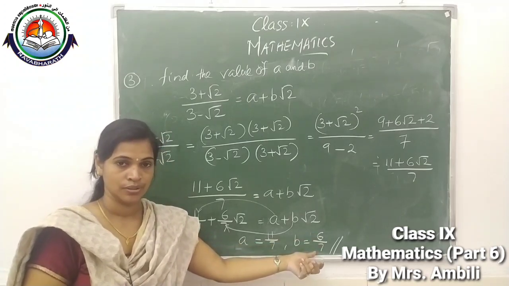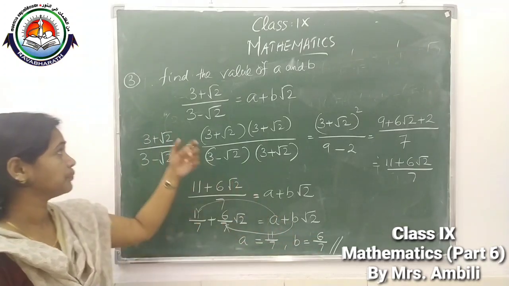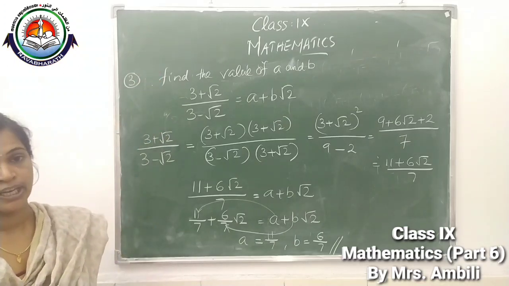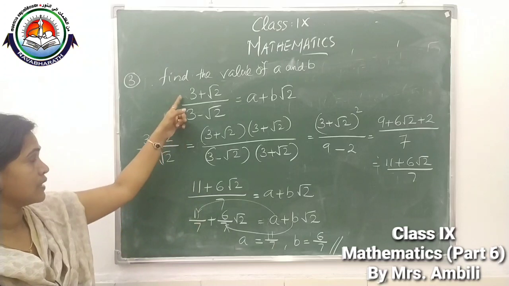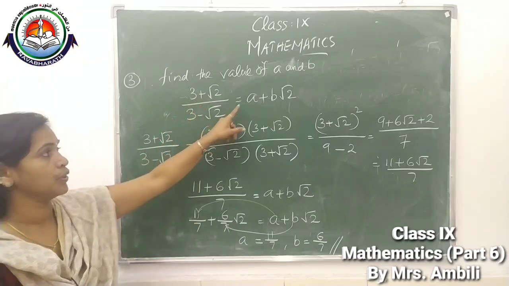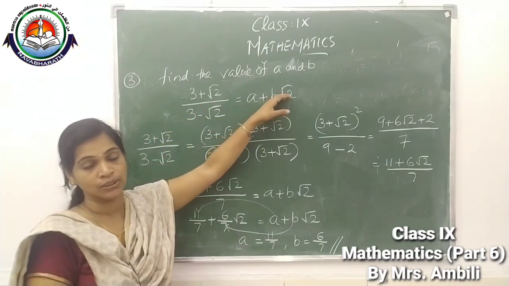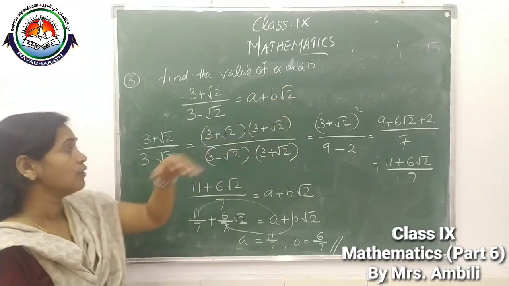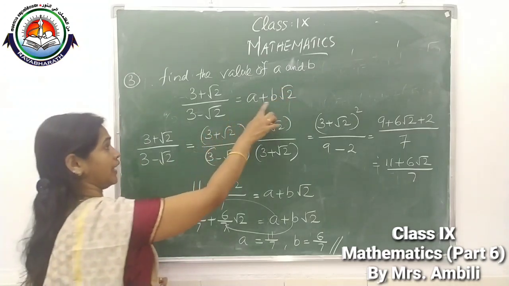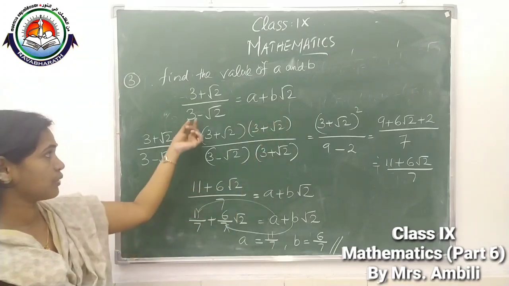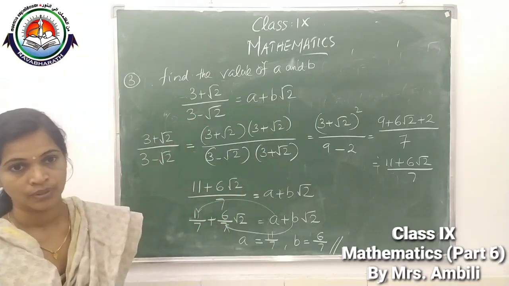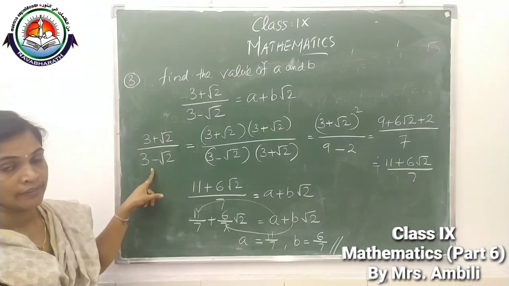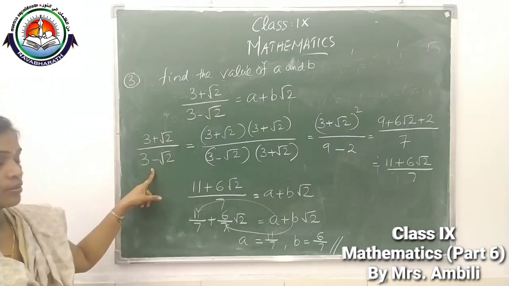Understood? So what is our question? If a and b are rational numbers, find the value of a and b, given (3 + √2)/(3 − √2) = a + b√2. This is an important question. You can expect these types of questions in the exam. To find a and b, first we need to rationalize the LHS by multiplying with the conjugate of 3 minus root 2.